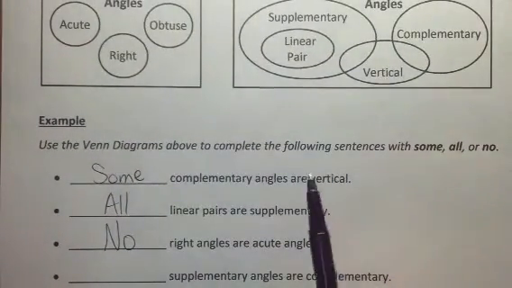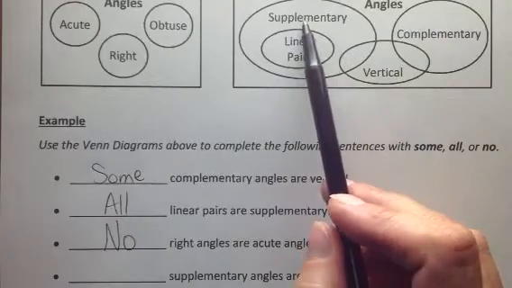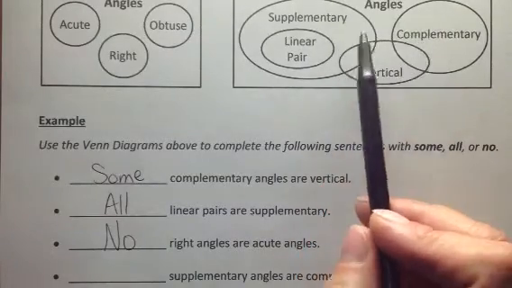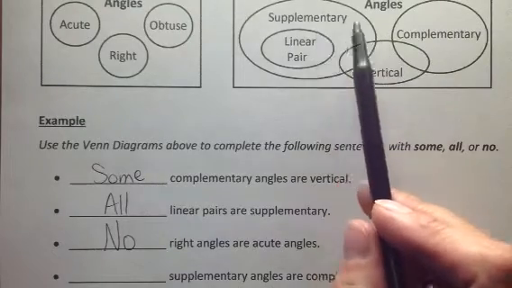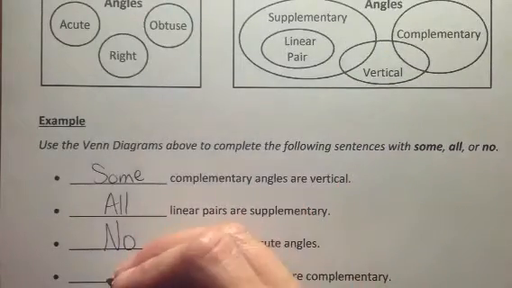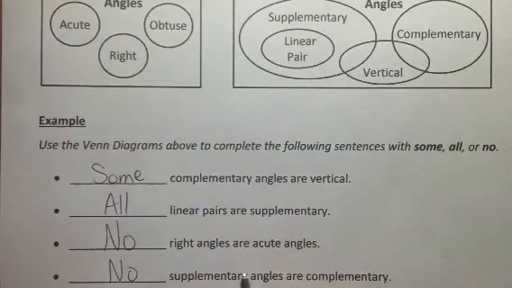Alright, supplementary angles and complementary angles. Supplementary and complementary, again, are not touching. Those two circles have space between them. So supplementary angles, complementary angles, I'm going to say no. No supplementary angles are complementary. Okay, blank angles are obtuse.